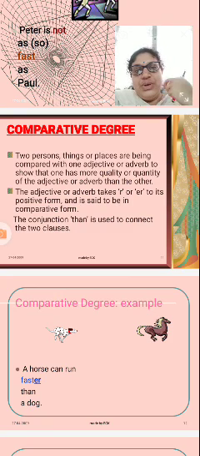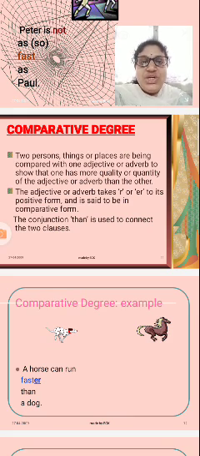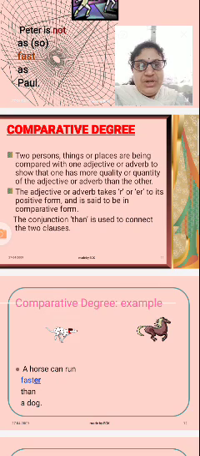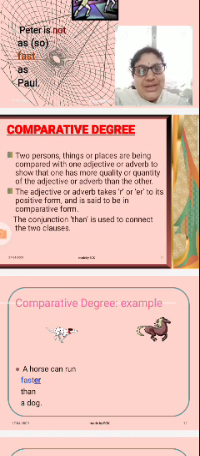Here also we are taking the help of the conjunctions. Already we have learned in the conjunctions that conjunctions are divided into three types: subordinate, coordinate and correlative conjunctions. Conjunctions are used to join two clauses or two phrases in sentences.